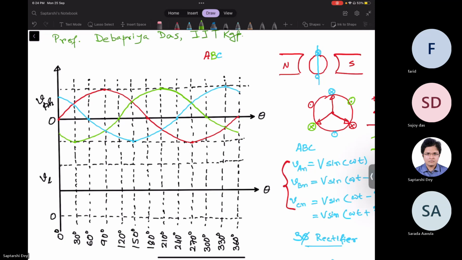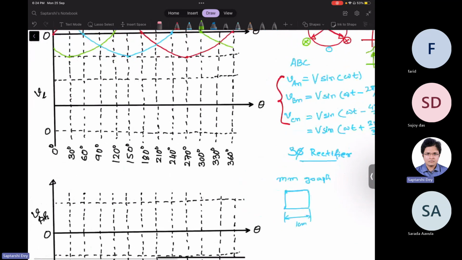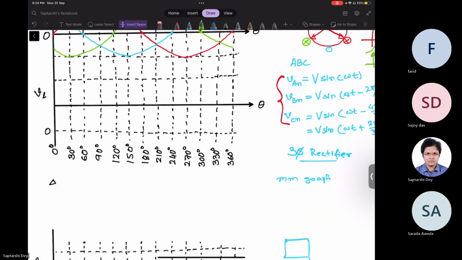All right. Now we have phase voltage. Once we have the phase voltage, I will make some space here. Now we can draw the line voltage.